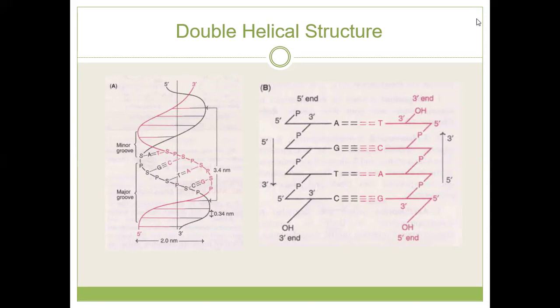So we have explained how DNA forms the double strand. What are the forces that are involved in holding the two strands together? How does the DNA become helical in structure?